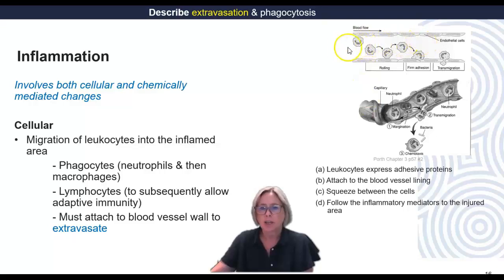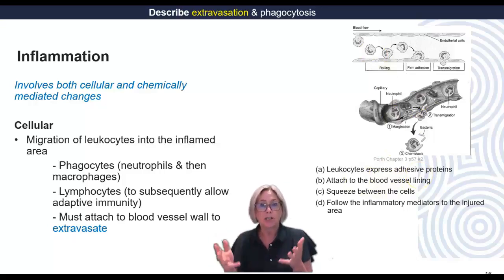If you look at this figure here, you can see the blood flow in this direction. So imagine that that blood flow is flowing fairly rapidly, and we've got our endothelial cells there lining this vessel wall. So what happens is inside that blood, obviously you have these white blood cells, and what they do is they express these adhesive proteins. So these sticky proteins called integrins.